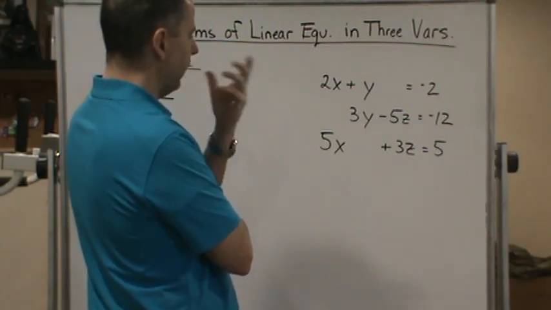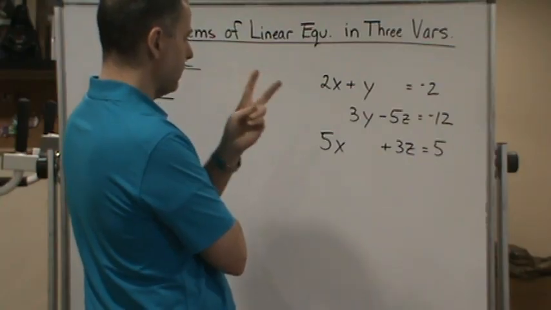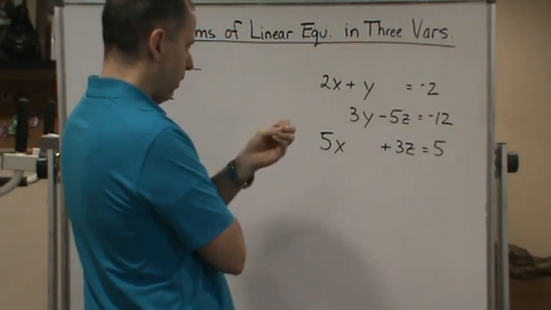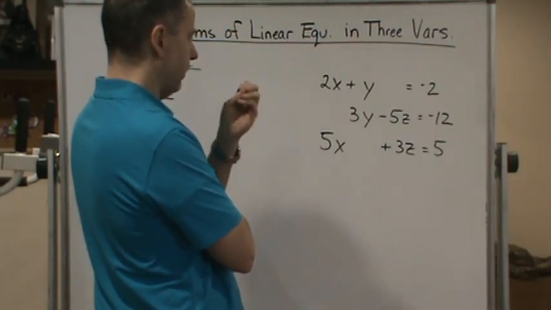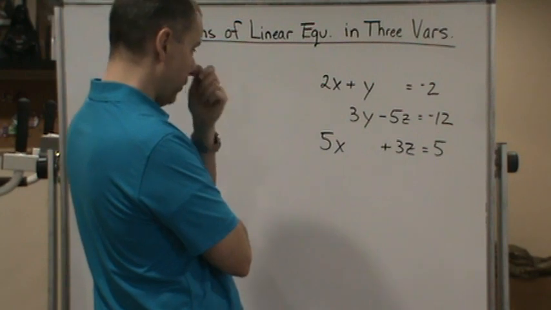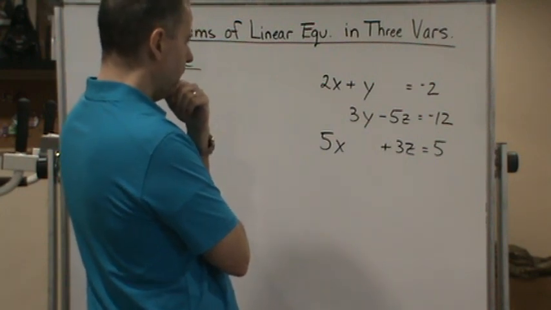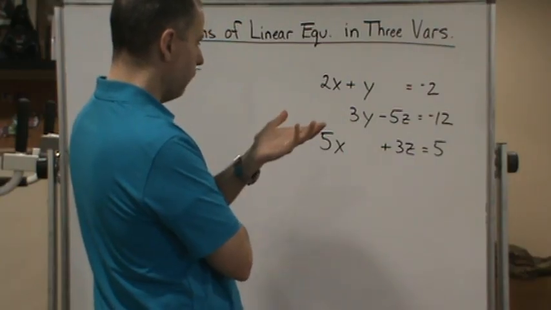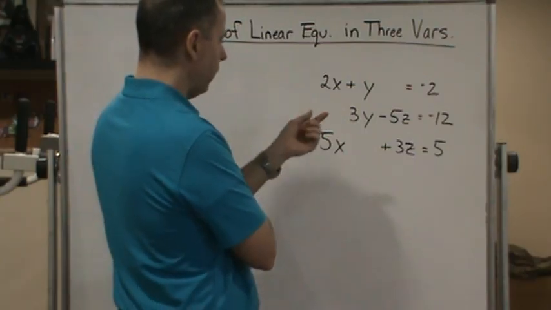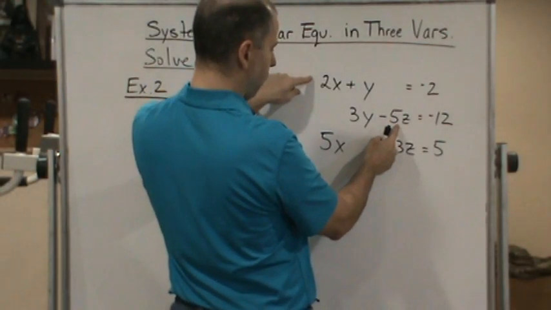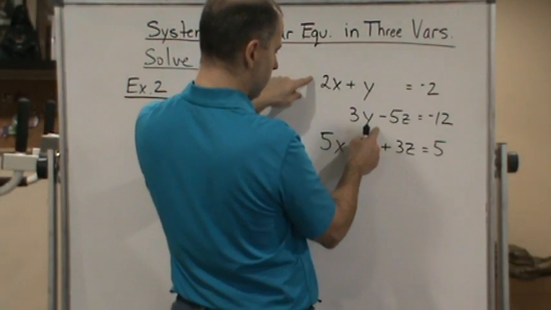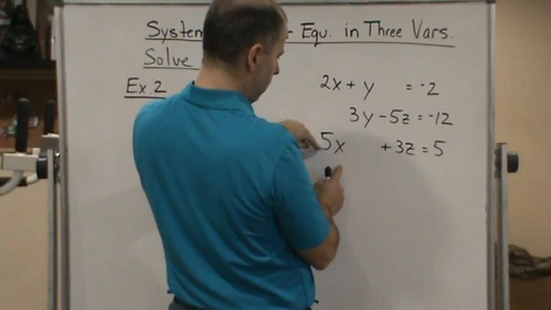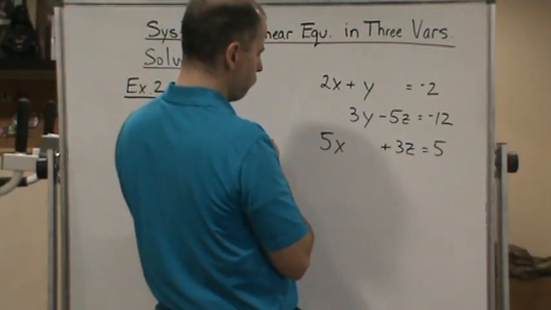So what we want to do is, again, we want to eliminate a variable that's going to give us two variables, and then we want to take another pair of equations where we eliminate a variable that gives us the same two variables. In this case here, we could pair these two up and eliminate the y's, right? And that'll give us x and z. And if we take these two, well, we can't do anything with it, right?